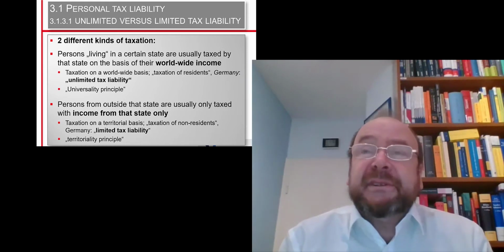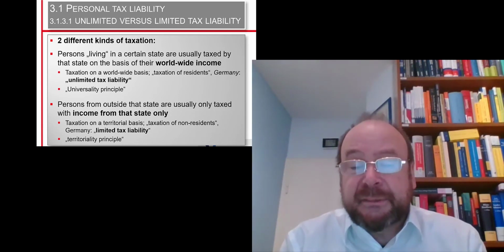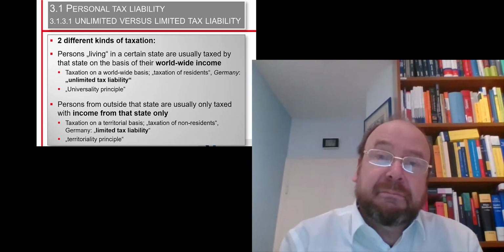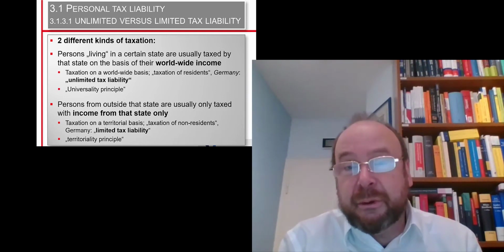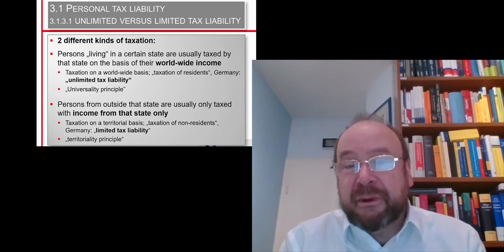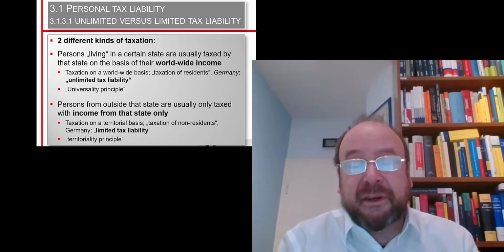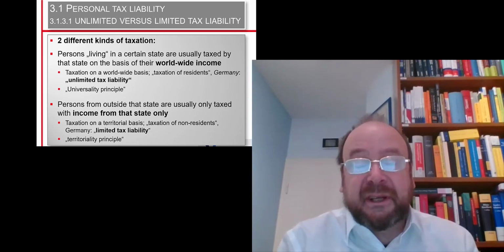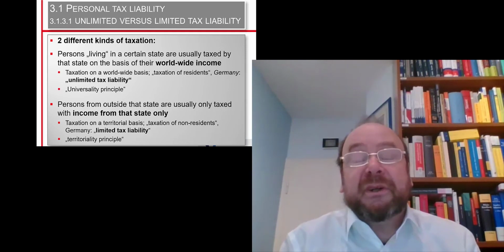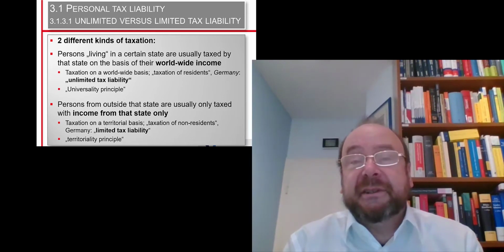Now, if you have persons living abroad, you can't get hold of them, and so the only thing which you can really bring into your possession is the things which they earn on your own territory. In line with that, usually a state taxes only the income from its own territory when that income goes to persons living abroad. In that case, your tax claim is limited to what happens in the inland, and that is the reason for the German term limited tax liability.